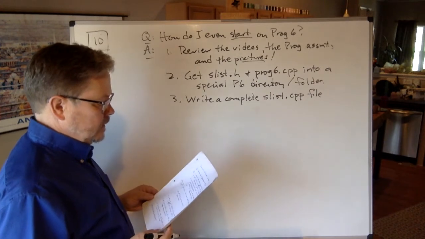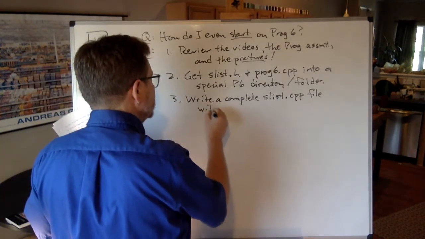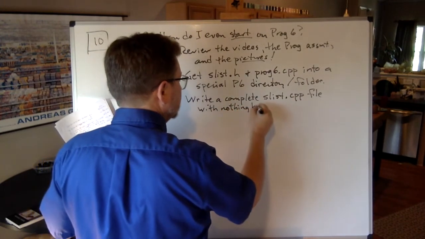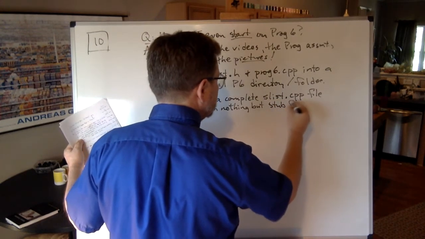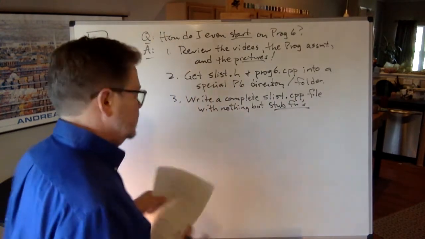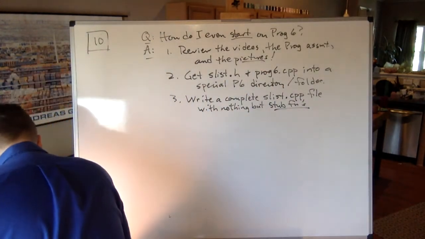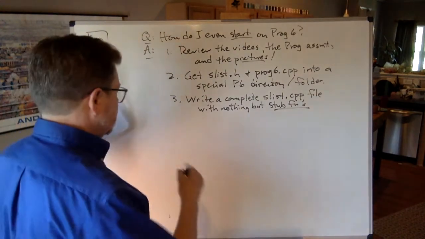I didn't put a period over there. Write a complete slist.cpp file with nothing but what are called stub functions. S-T-U-B, F-N, apostrophe S. Stub functions. And yeah, I'm going to tell you what those are. They are functions, and they will run. They just won't do anything.